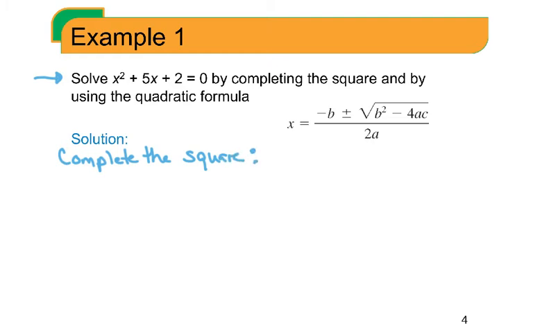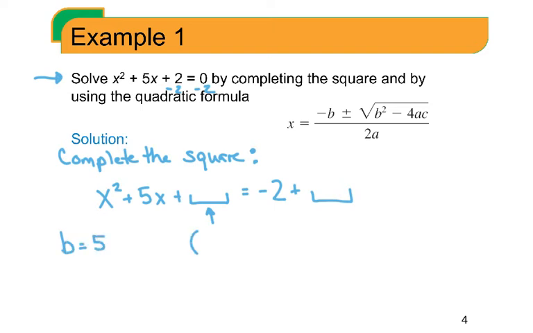Okay, so what do we do? We isolate these first two terms on one side and put the number on the other side by subtracting 2 from both sides of this equation. Now, what will this number be? Well, b in this case equals 5.